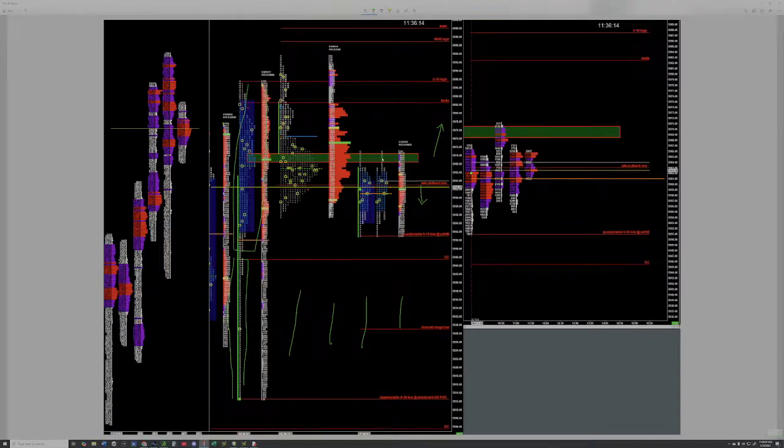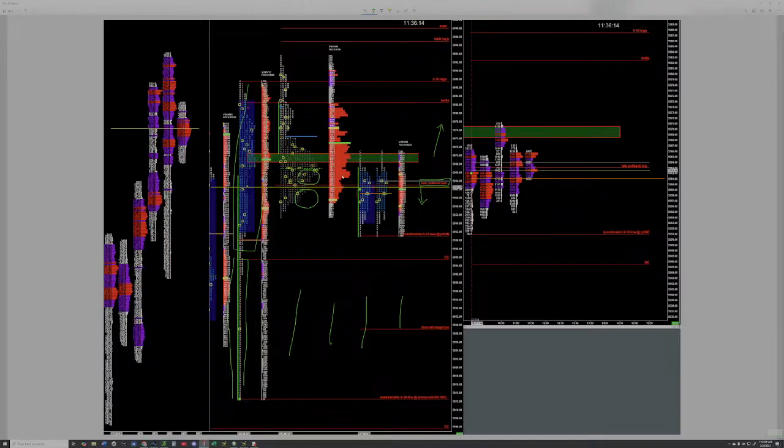Even if I zoom in even more, remember this late pullback low from yesterday. Building value below this is potential for change. Building up above keeps the market to the upside.